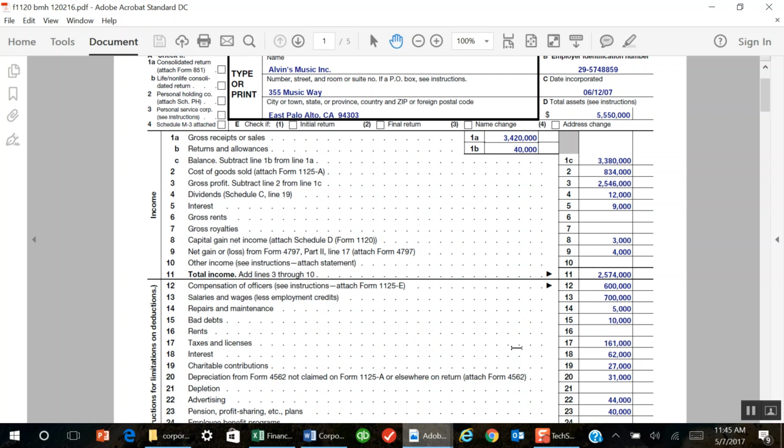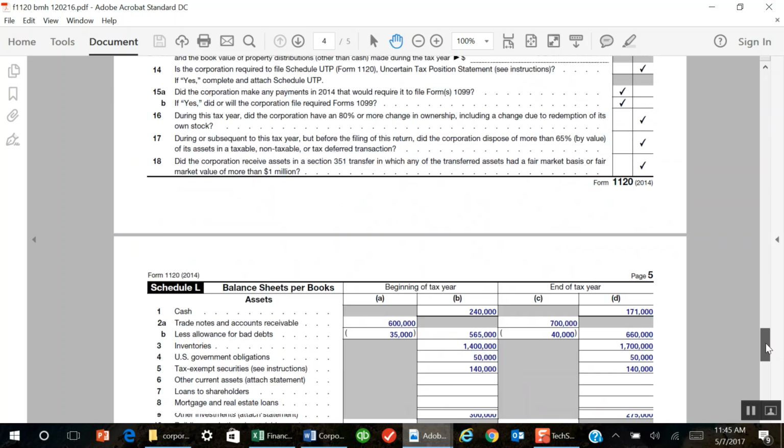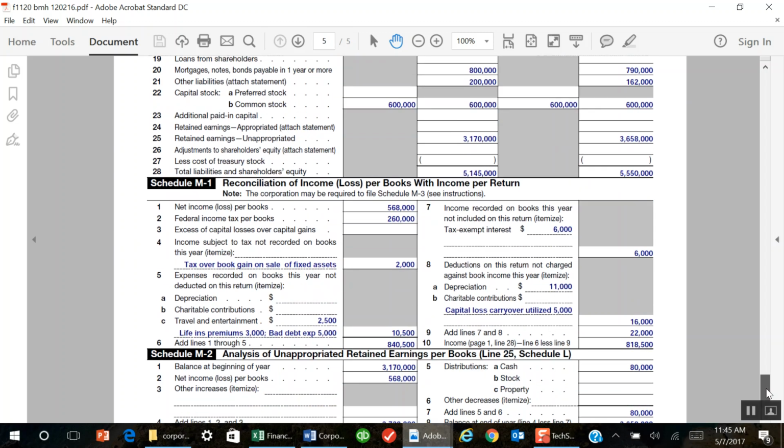I'm presenting things here on a tax basis. And to the extent I have book tax differences between my book income statement and my tax income statement, what do I show? A reconciliation from book income to tax income of all of my book tax differences.